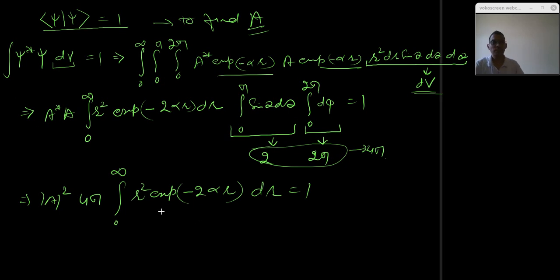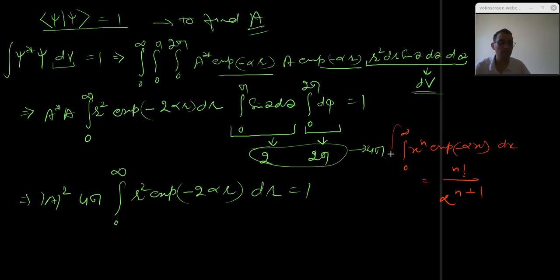To find its value, let us use a formula: if I have the integral from 0 to infinity of x raised to power n exponential of minus alpha x, then this integral is equal to n factorial over alpha raised to power n plus 1.